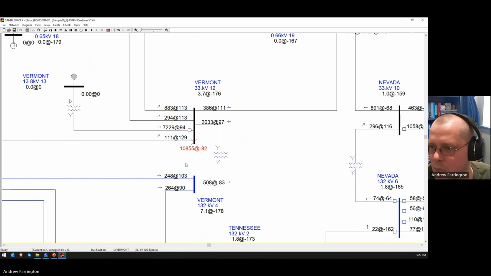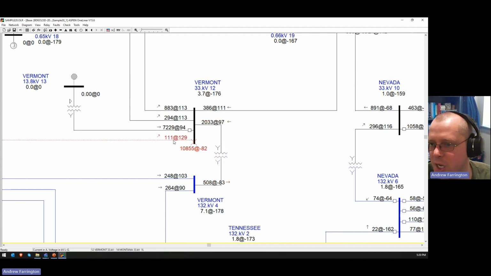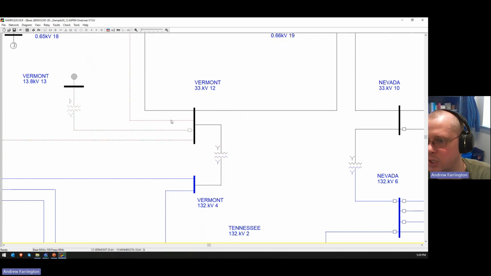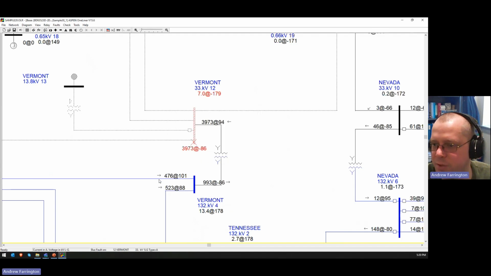Okay. Meanwhile, if we have a YY transformer grounded on both sides, I take all this stuff out just to make it simpler. This is just a path through which the ground fault current flows, right? So this ratio here is just the inverse of the transformer ratio.